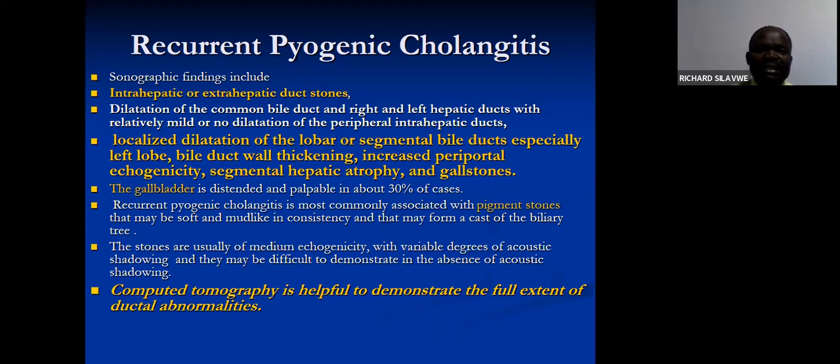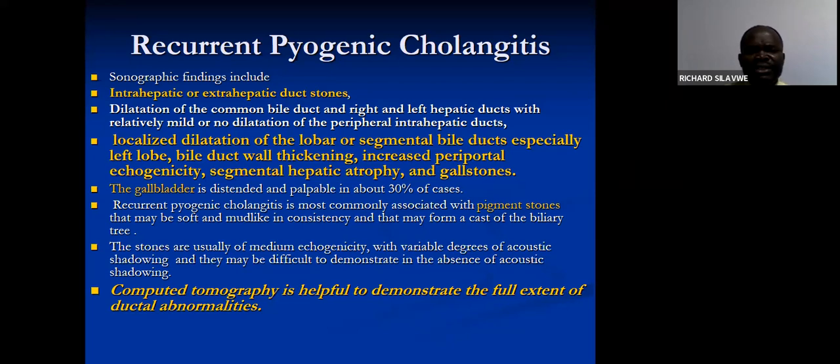Sonographic findings include intrahepatic or extrahepatic duct stones, dilatation of the common bile duct and right and left hepatic duct with relatively mild or no dilatation of the peripheral intrahepatic duct. Localized dilatation of the lobar or segmental bile duct, especially left lobe bile duct, wall thickening, increased periportal echogenicity, segmental hepatic atrophy, and gallstones.